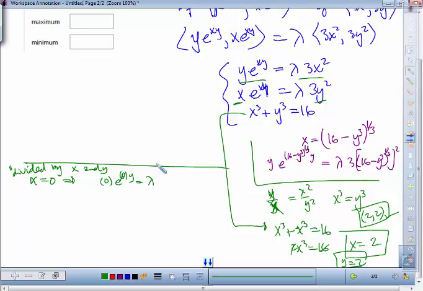Lambda should never be equal to 0. And so we would get y is also equal to 0 here, right? Is that correct? So here we have another point that we need to consider, 0, 0.